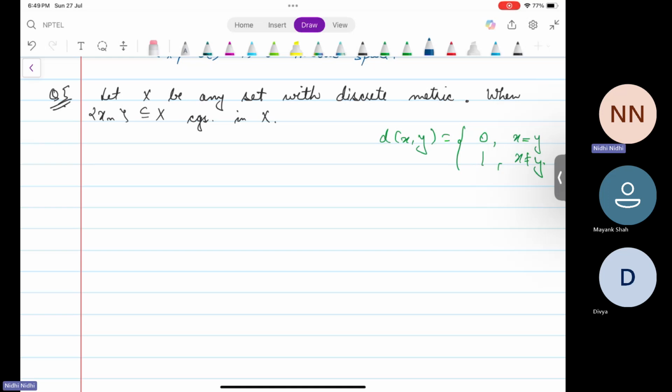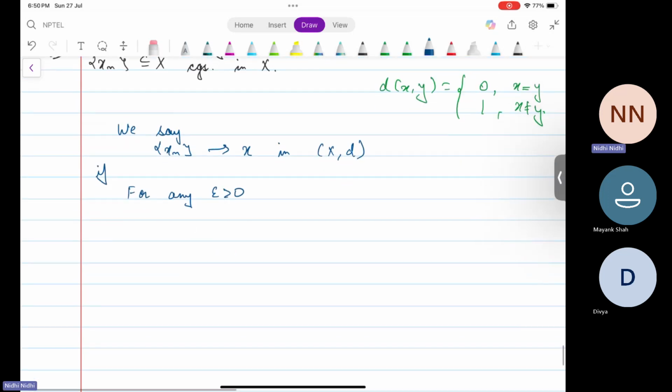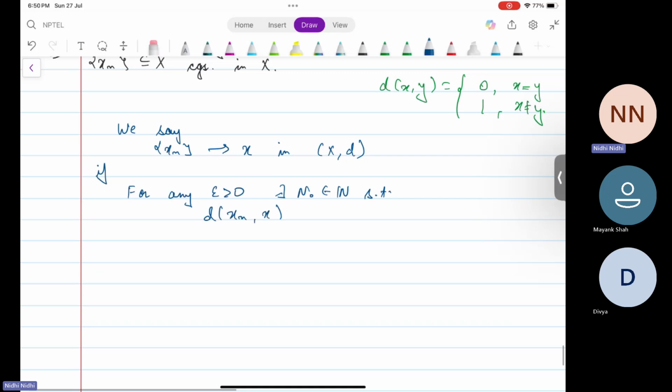If you can recall the epsilon definition, we say x_n converges to x in any metric space (X, d) if for any epsilon positive there exists a stage n naught in N such that the distance between x_n and x is strictly less than epsilon after this stage.